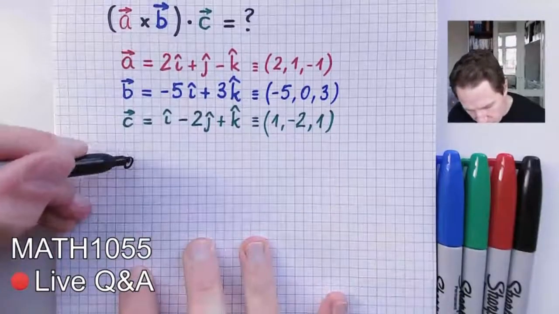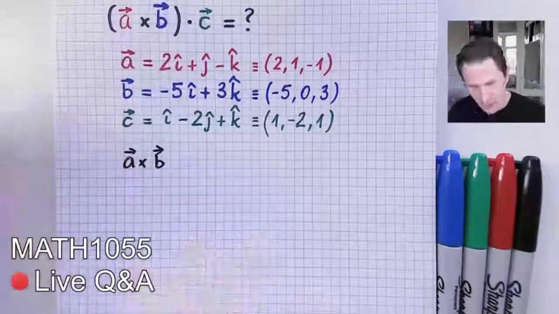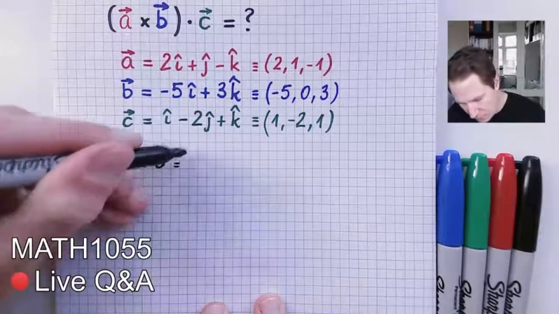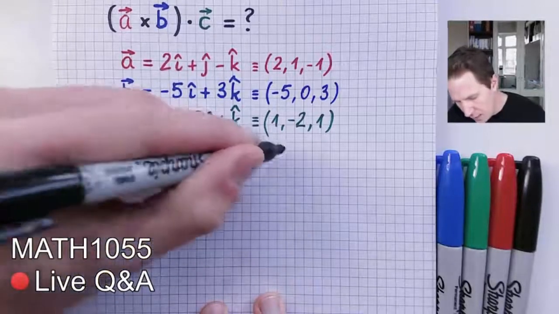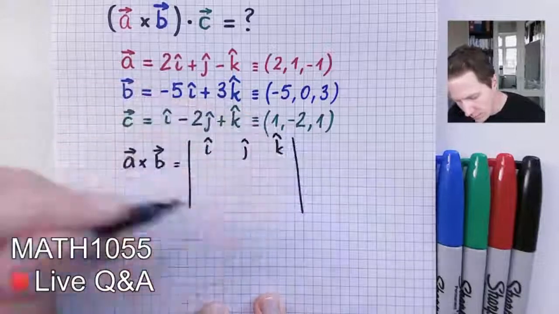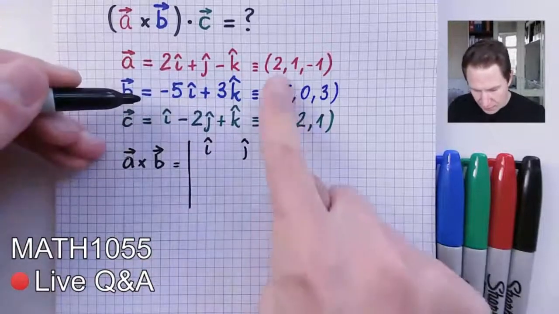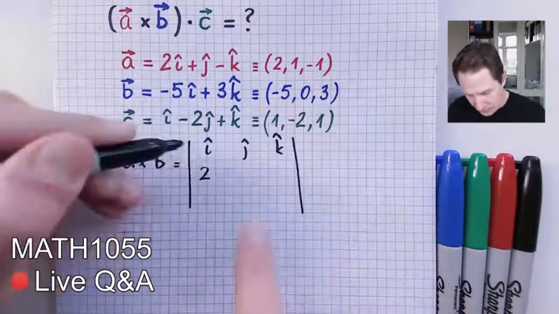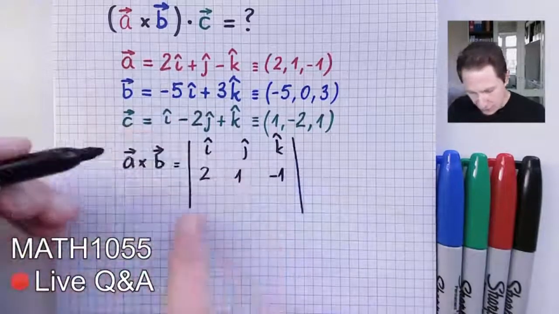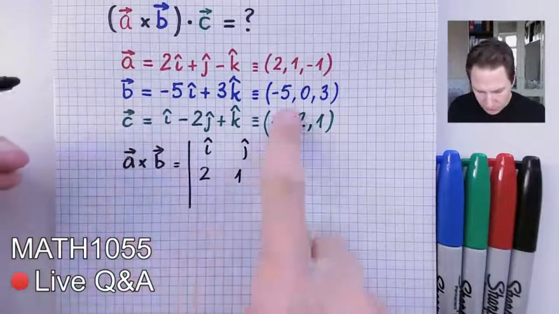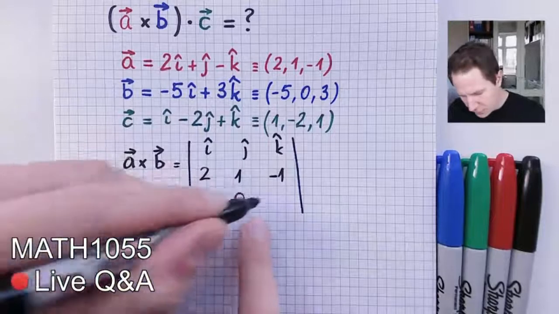First we want to calculate the cross product, the vector product of A and B. Remember, that's nothing but a 3 by 3 determinant with the basis vectors in the first row, the coordinates of vector A in the second row, and the coordinates of vector B in the third row.